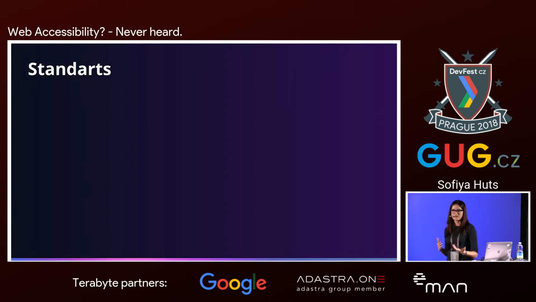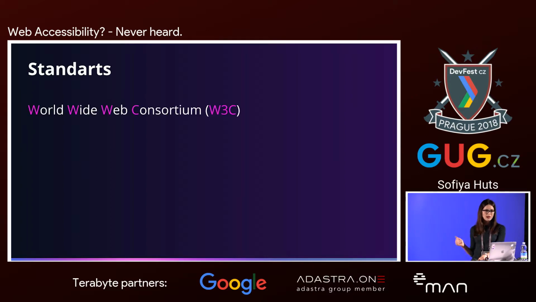But before we start our journey to implementing web accessibility, we should follow some guidelines to know some best practices. All of you know the World Wide Web Consortium, which is more or less the governing body of the web.